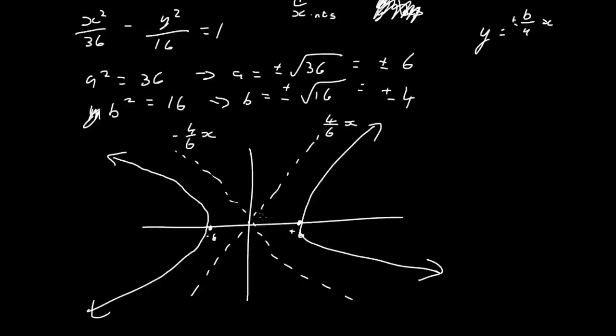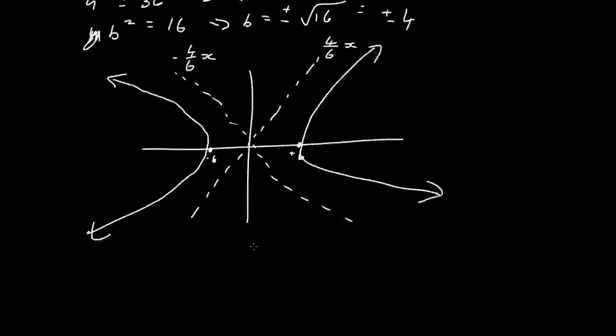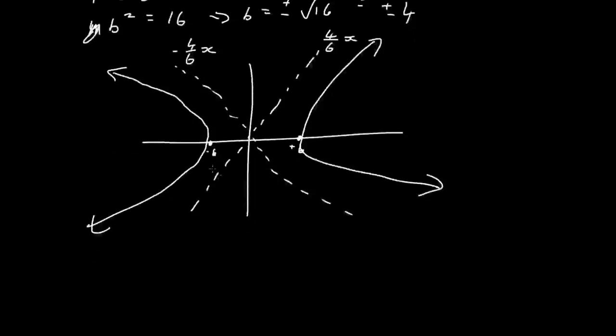Okay, so they asked what is the domain of this graph. Now if you look at the domain, the x values, can you see that the graph includes all values of x up to minus 6, and then it includes the values of 6 and onwards.